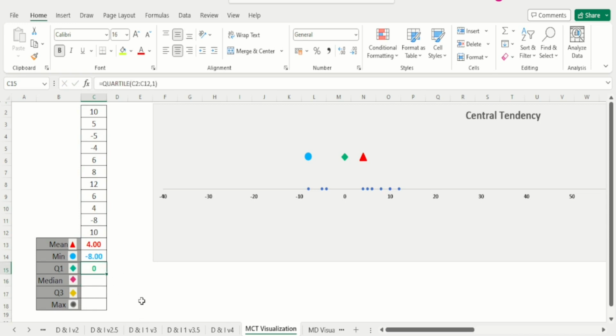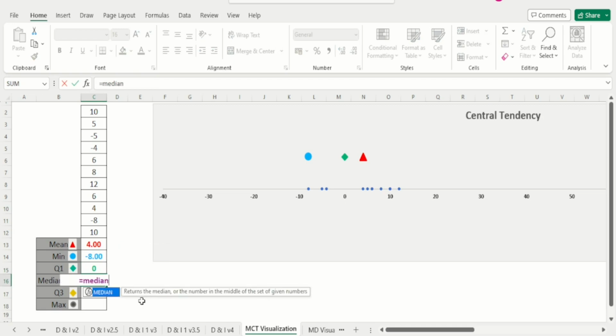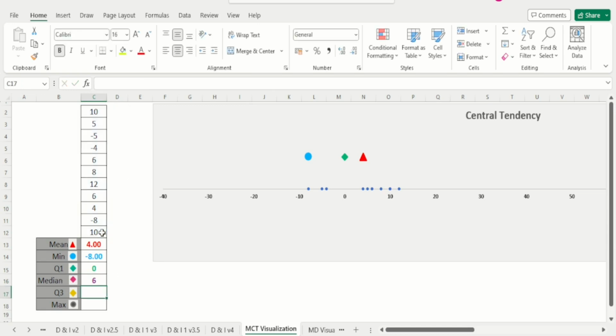And then after first quartile, let's calculate the median. So median, you can simply calculate median, and there we are. You would then have the median value accordingly on this, right? And apart from the median value, you can use the median function, or what you can also use is quartile.